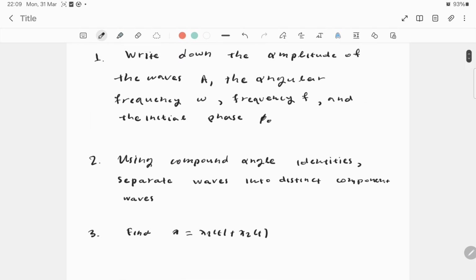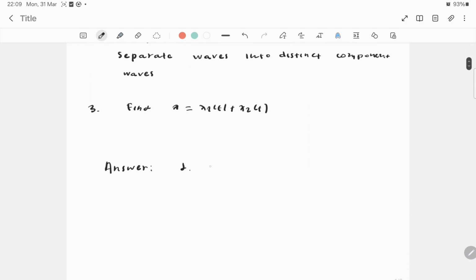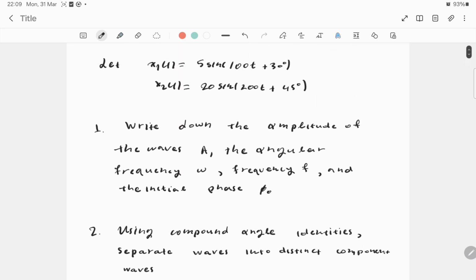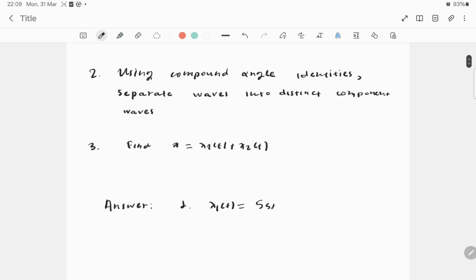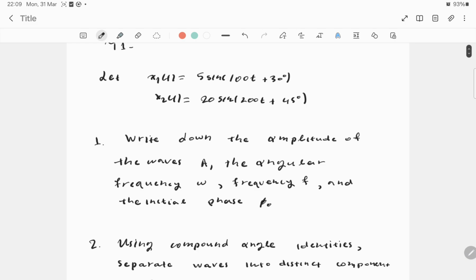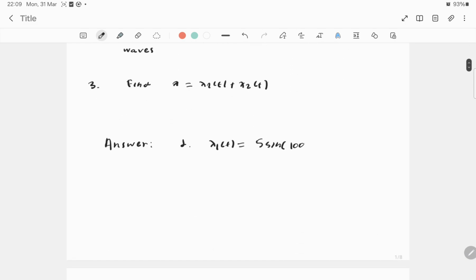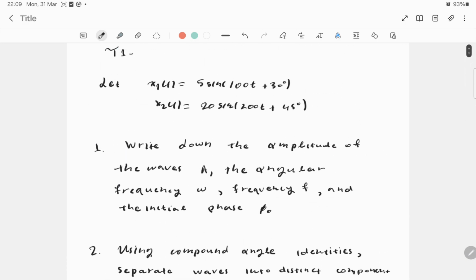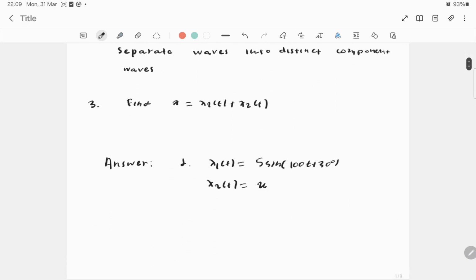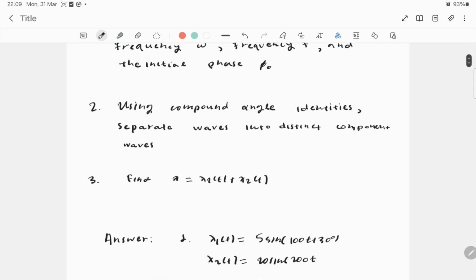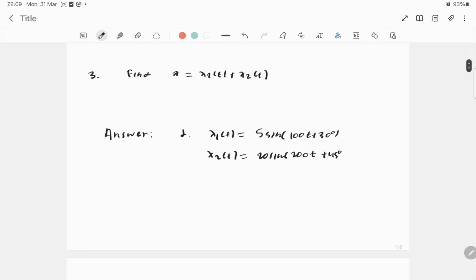So for number 1, I'm writing down my waves. x1 of t equals 5 times sine(100t + 30 degrees), and x2 of t equals 20 sine(200t + 45 degrees).